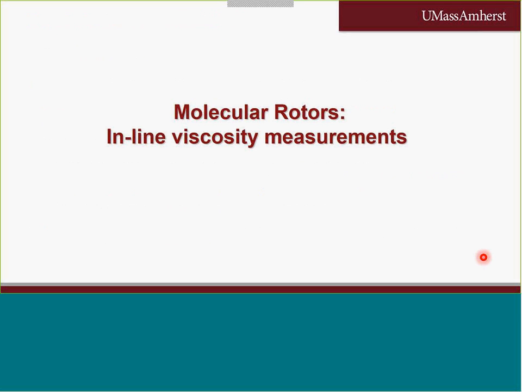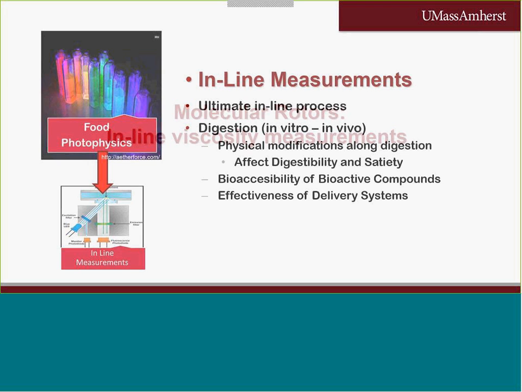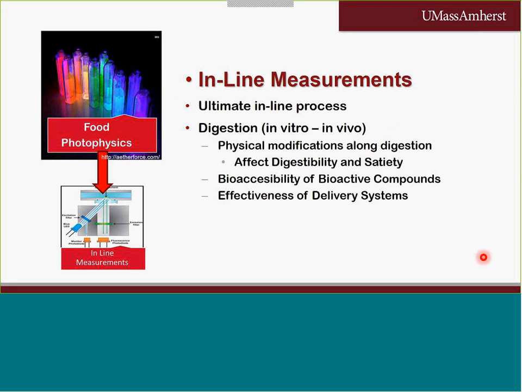So, as food scientists and food engineers, one of the things that we strive for the most is to report on an actual process. Of course, the main inline process that we probably want to report on is digestion, either in vitro or in vivo.